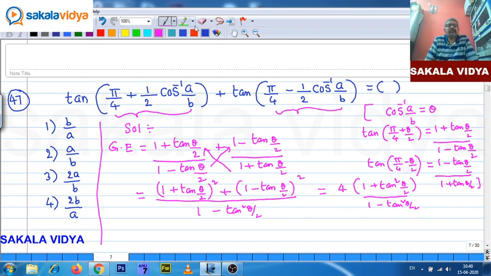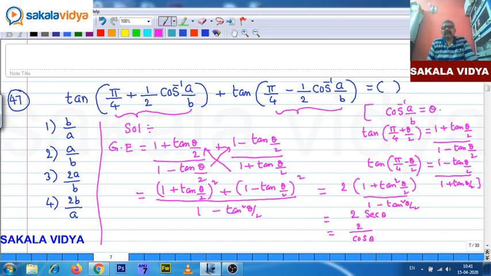Sorry, this is not 4, this will be 2 only. So this we can write 2 by cos theta, that is 2 sec theta.